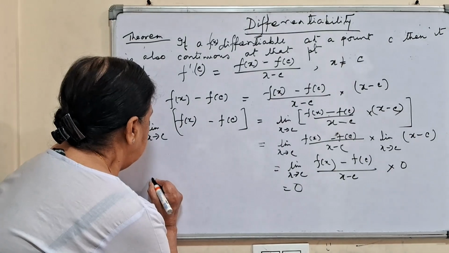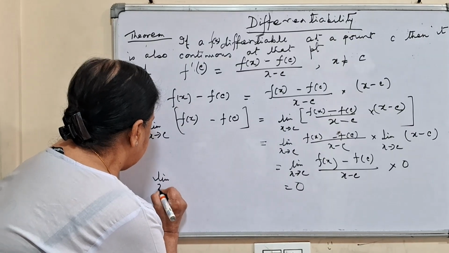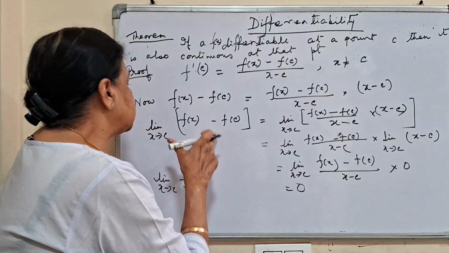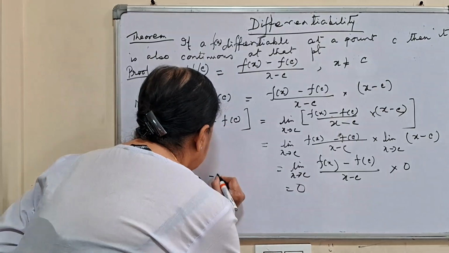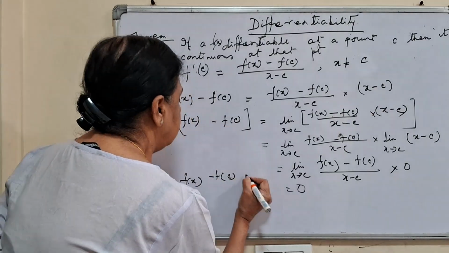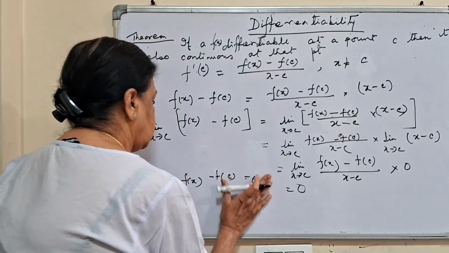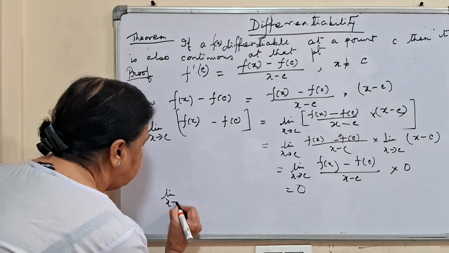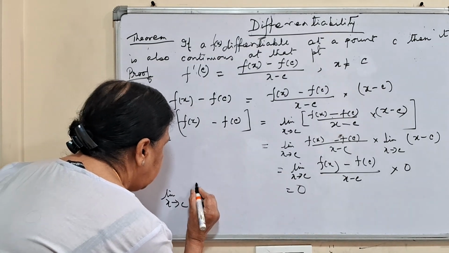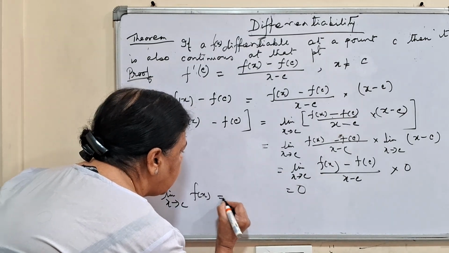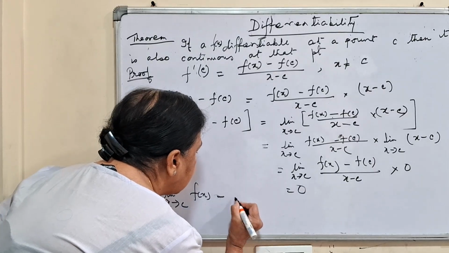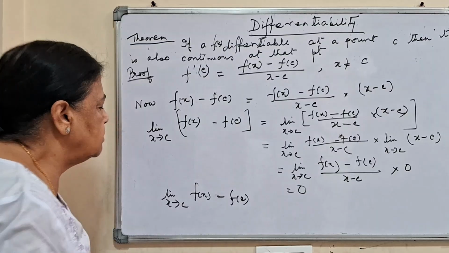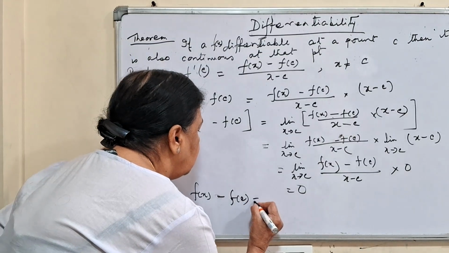Now here, we know limit x tends to c, f(x), and limit x tends to c, f(c) will be f(c) only. So limit x tends to c, f(x) minus f(c) is equal to 0.